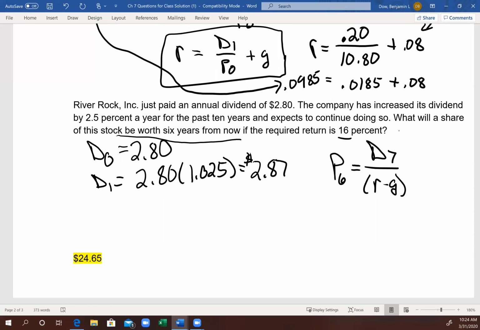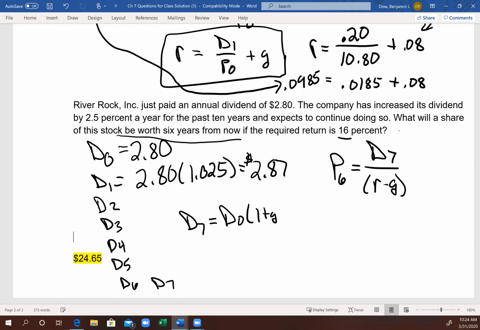All right. So you could go through and find all these, or as someone suggested, why don't we just take D7 as a function of D0 and raise it to the 7th power.